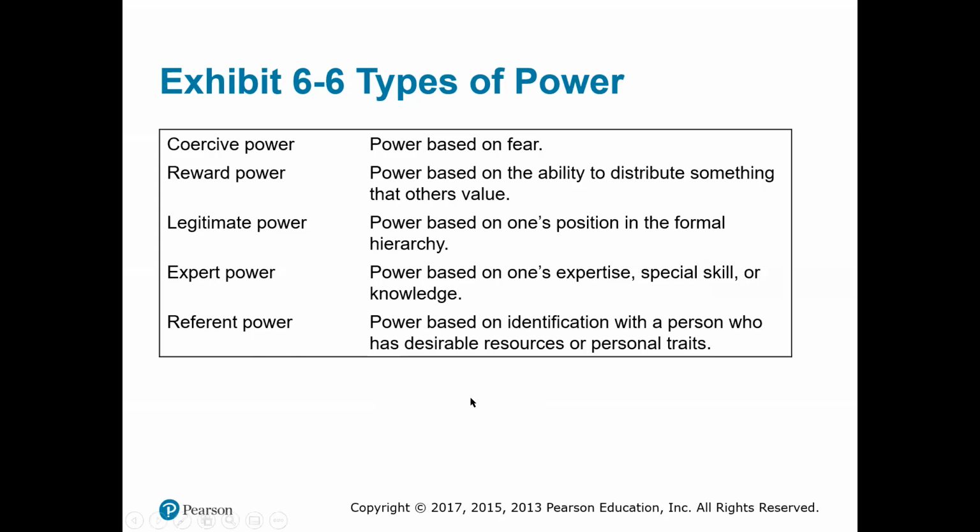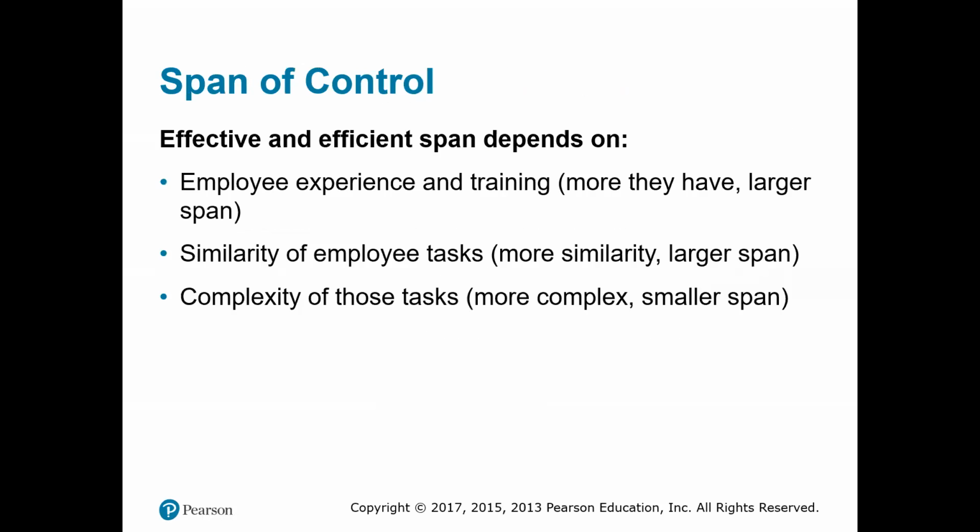I have no connection to any CEO anywhere. That's called referent power. So power can come from any of these sources: power to punish, power to reward, power from position, power from being an expert, and power just because I know somebody. These are all types of power that can happen within the company.